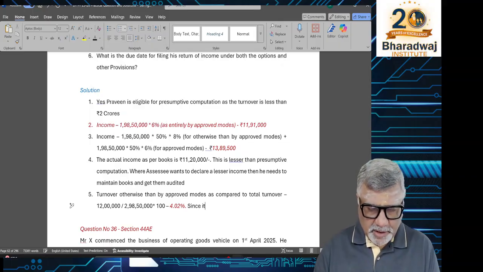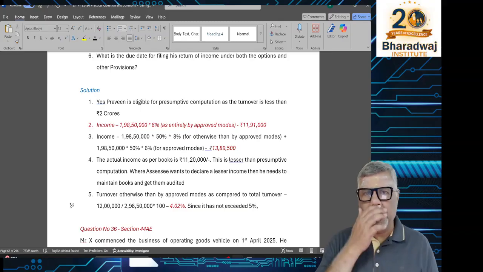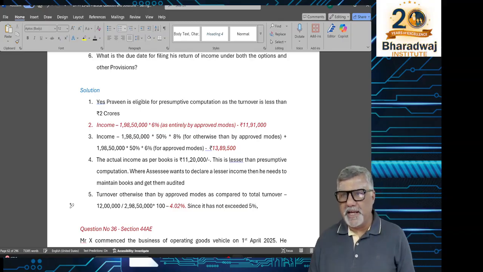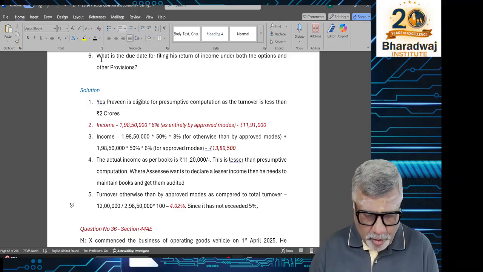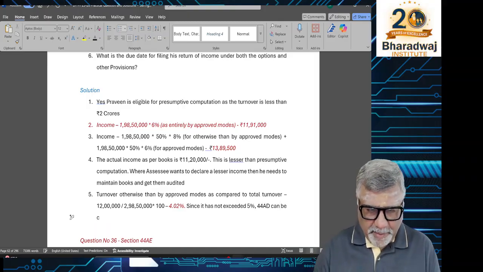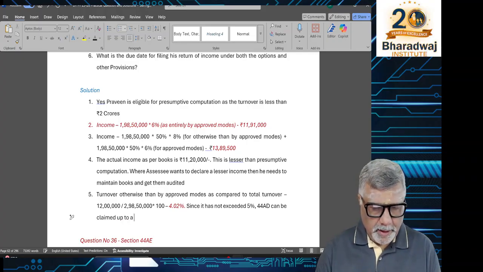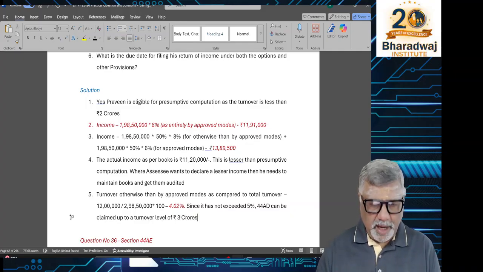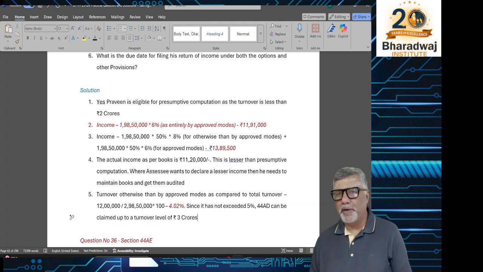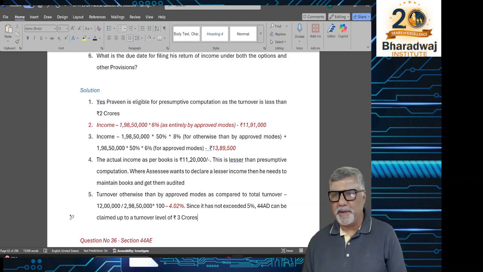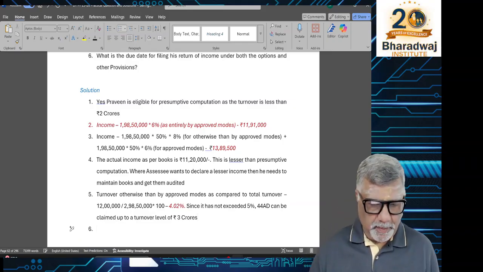Since it has not exceeded 5%, 44AD can be claimed up to a turnover level of 3 crores. Am I clear? Since I have not exceeded 5%, my limit for 44AD will be 3 crores.